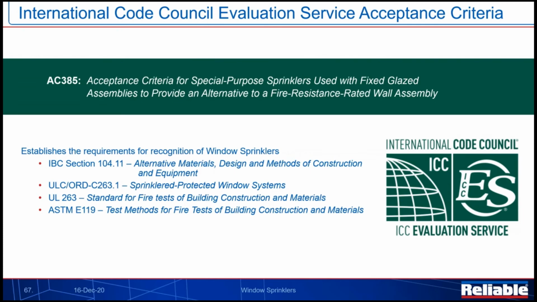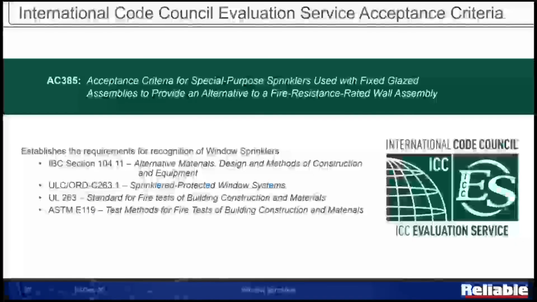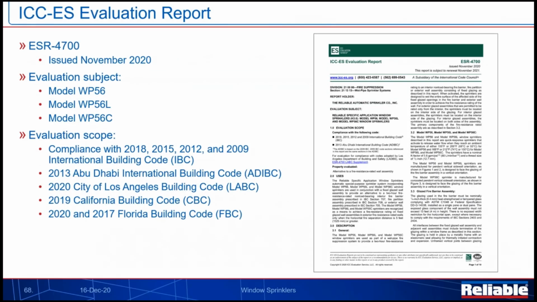It's rolling in another UL standard, which is the fire test of building construction materials. And then lastly, the ASTM E119 test methods for fire tests of building construction materials, the curve that we used in that furnace. So it takes all these things, puts them together, evaluates our window sprinkler products, and we come up with our ICC-ES evaluation report.